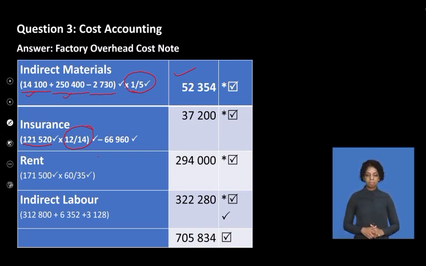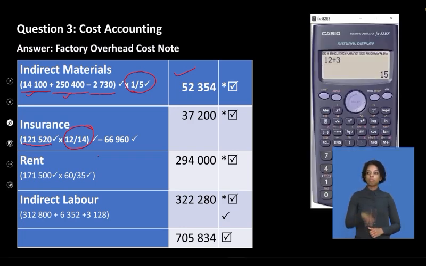Right, now, once you have that figure, let's do this. 121,520 times 12 divided by 14, and that will give me a figure of 104,160. That's now your insurance for the current year.